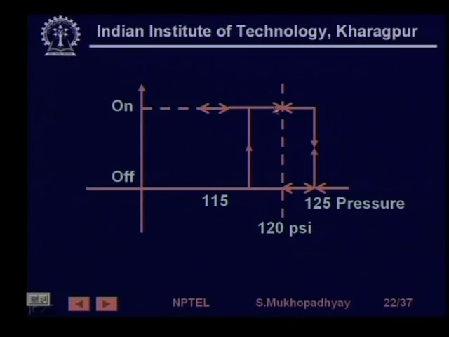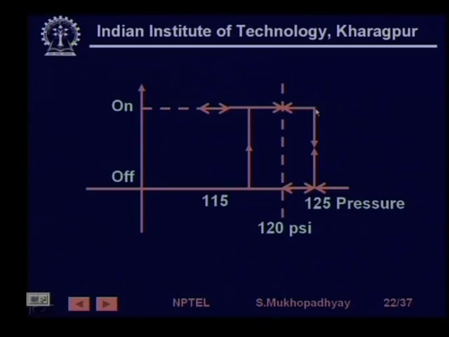Now, as the pressure builds, you are moving along this line, the compressor is now on. Although 120 psi is the nominal pressure where you want to keep it, you actually let it build up to a certain point, let us say up to 125 psi, and then when it reaches 125 psi you stop it.